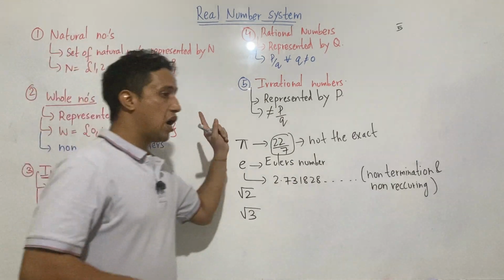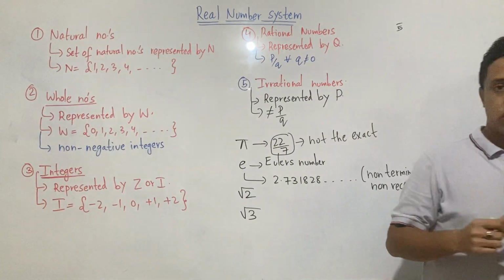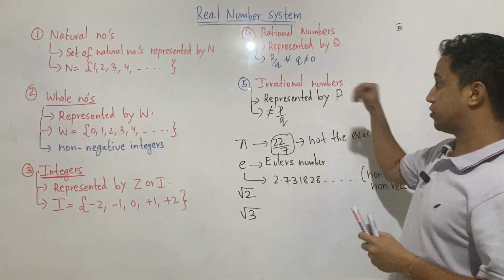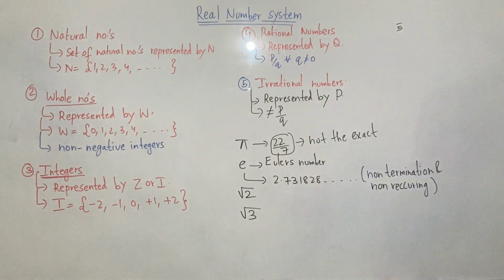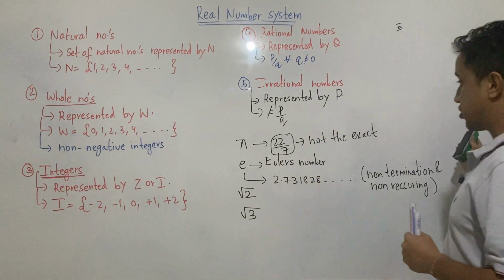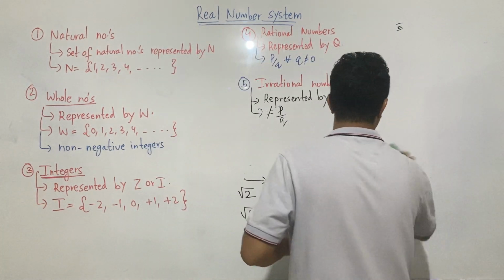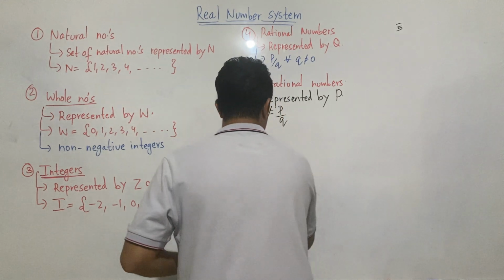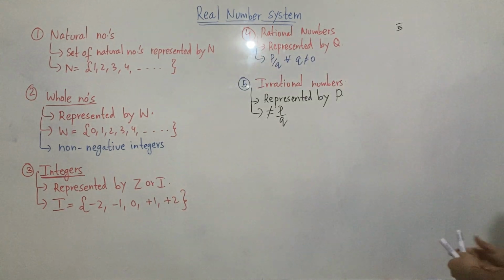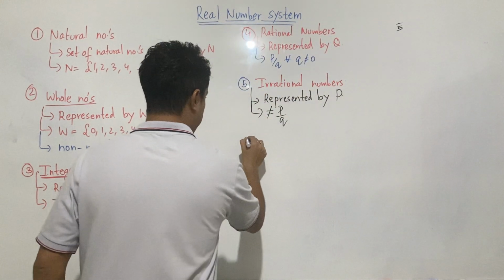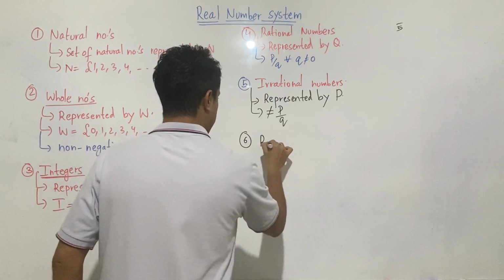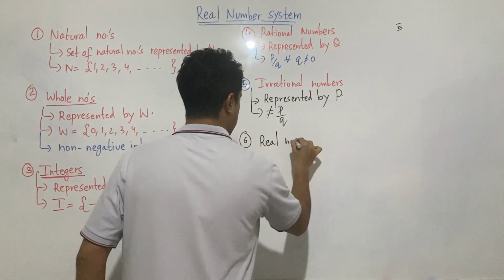So just remember, irrational numbers, you cannot represent these numbers in the form of P by Q. Then after irrational numbers, we have real numbers.